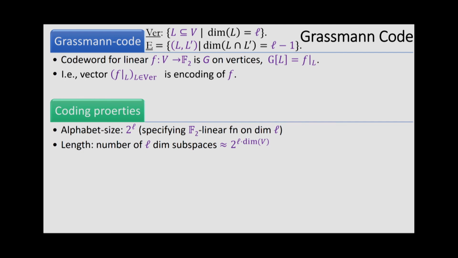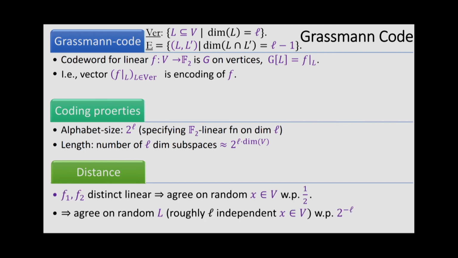It's very easy to see that the length of the code is the number of L-dimensional subspaces that V has, which is roughly this number. Lastly, let's say what the distance of the code is. Let's take any two distinct linear functions. What is the fraction of subspaces in which they agree?